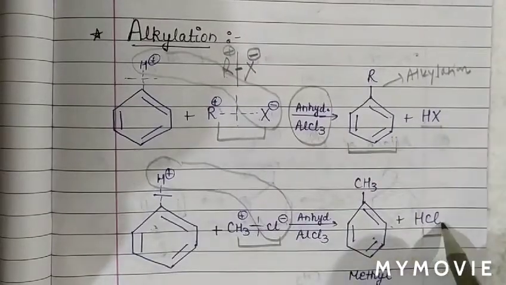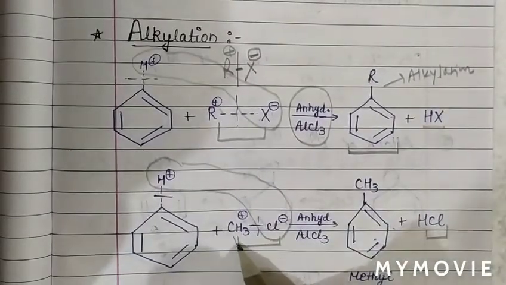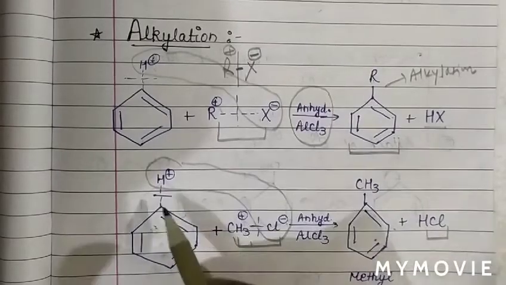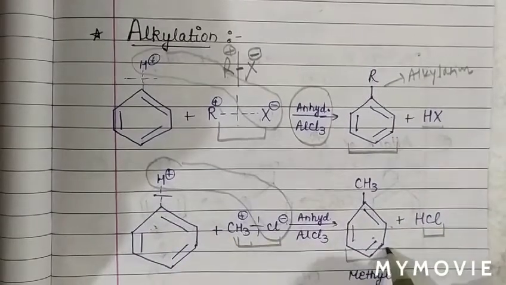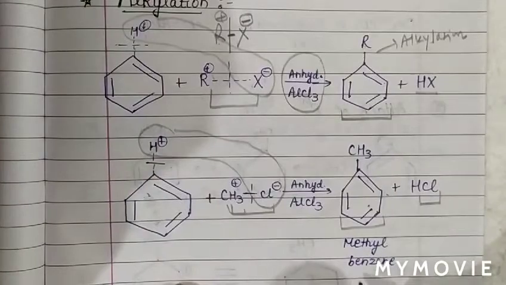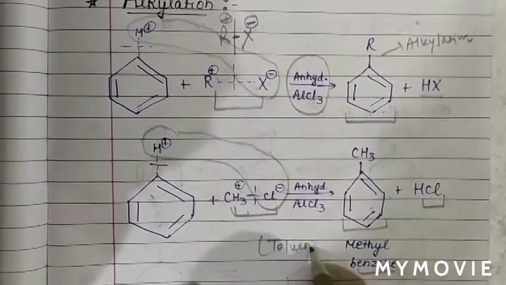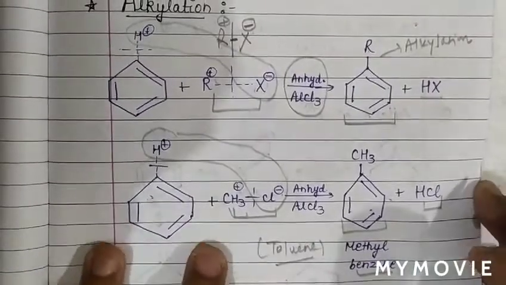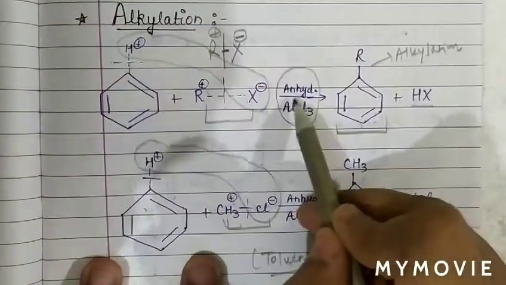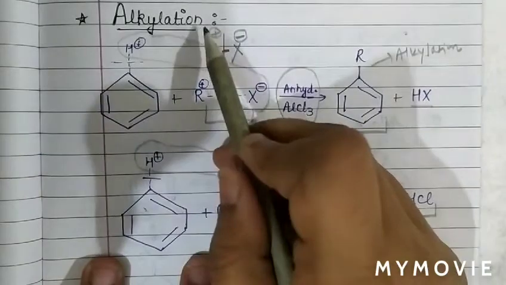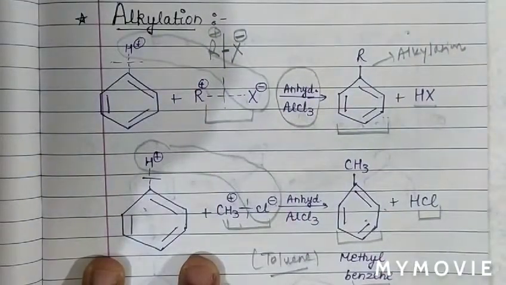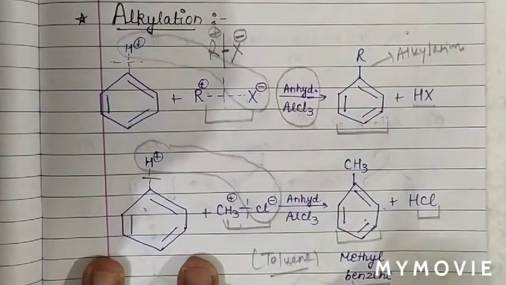HCl is removed and this electrophile CH3 positive will attack on the benzene ring and form methyl benzene. Also we can say the common name of this compound is toluene. Because the Friedel-Crafts catalyst is used, we call this reaction the Friedel-Crafts alkylation reaction.